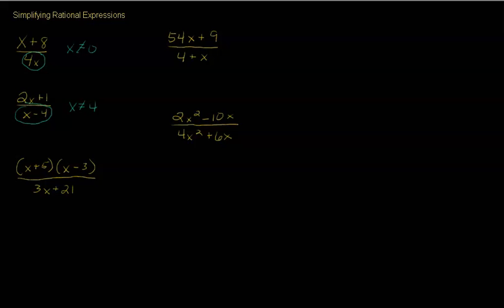Now this one's a little bit trickier. So we put it like this: 3x plus 21 cannot equal 0. And we're going to just solve for x.